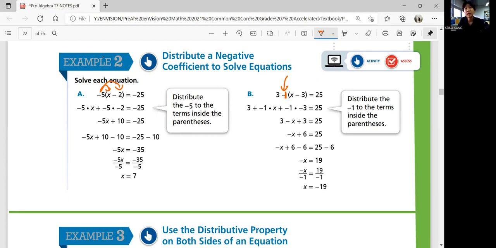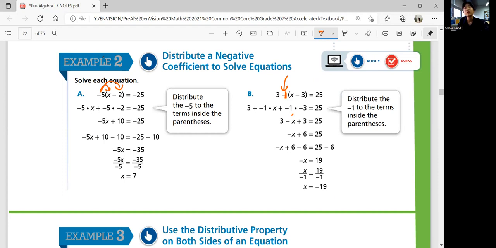You can't ignore the negative. So that negative sign means you have -1 times (x minus 3). So that means you have 3 plus -1 times x, so that's -x, plus -1 times -3, so that's plus 3, is equal to 25, okay?